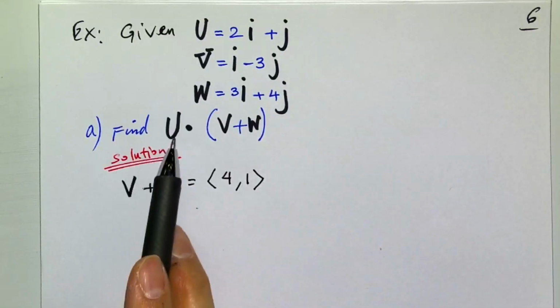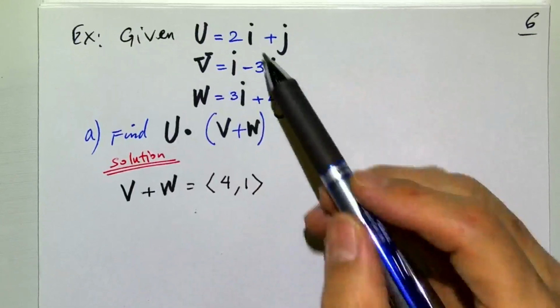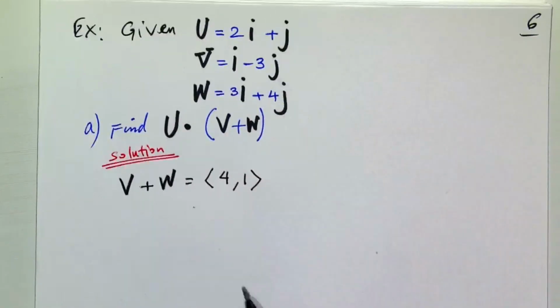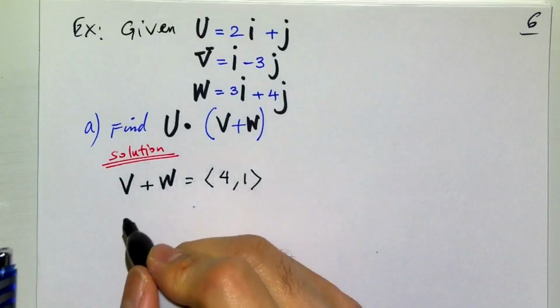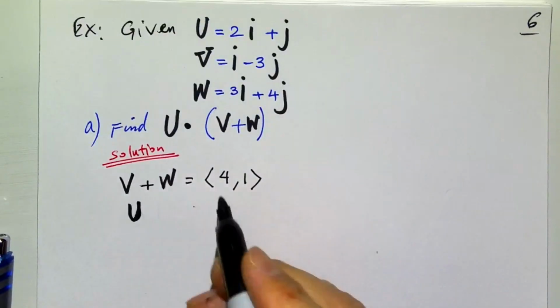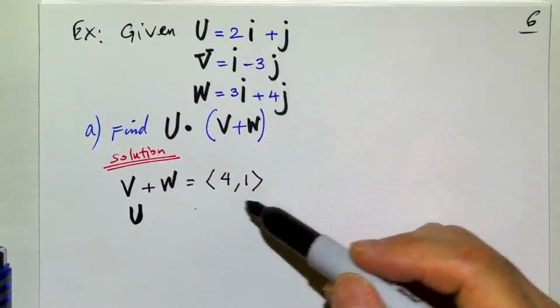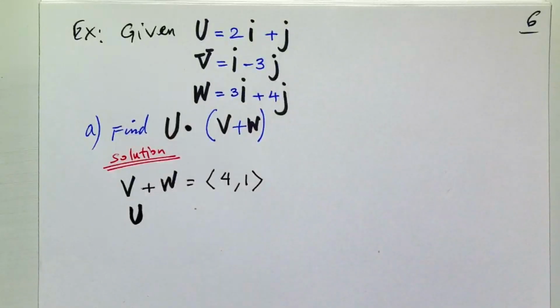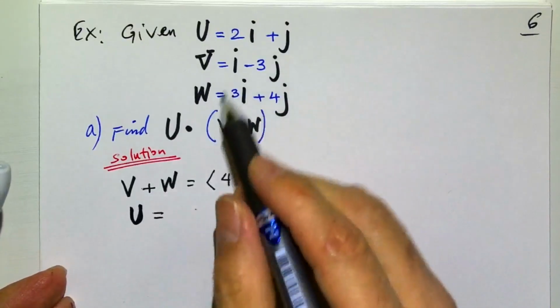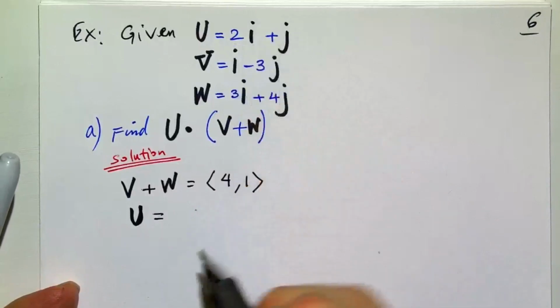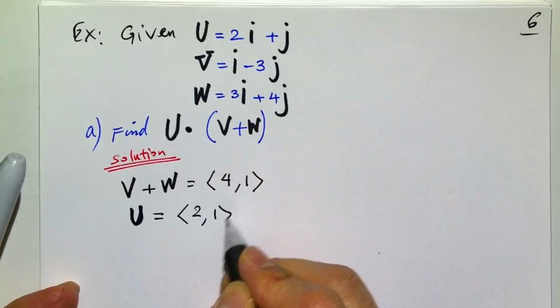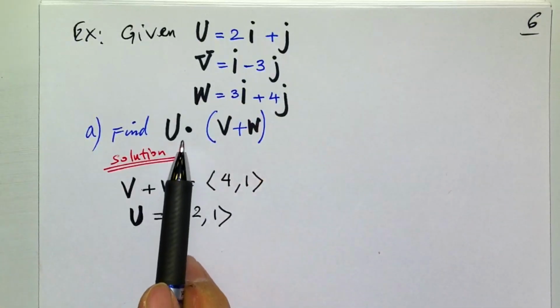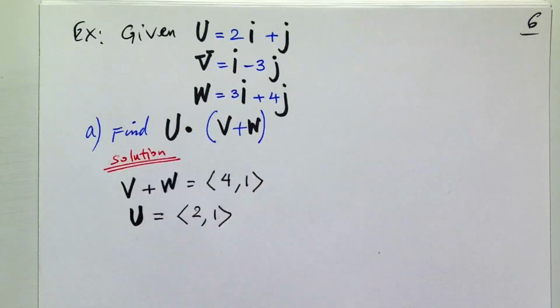And then, of course, u is 2, comma 1. Let me write it here. Since I switched from ij form to this vector component form, I'm going to do the same thing for u, and I'm going to say 2, comma 1. Okay? Now we're taking this dot product.